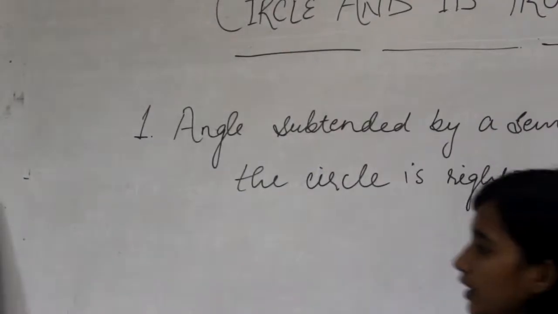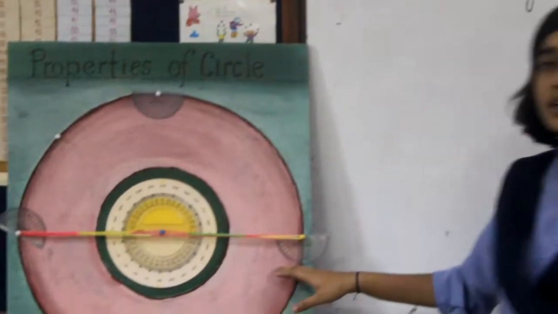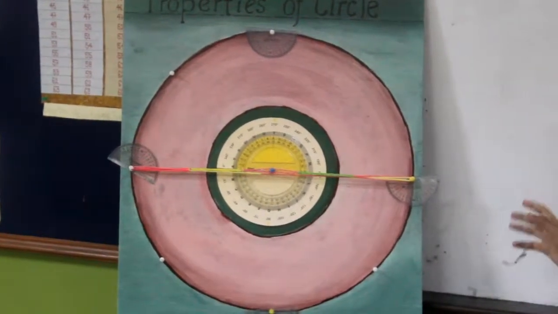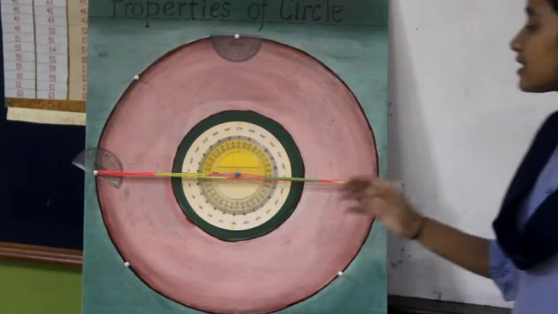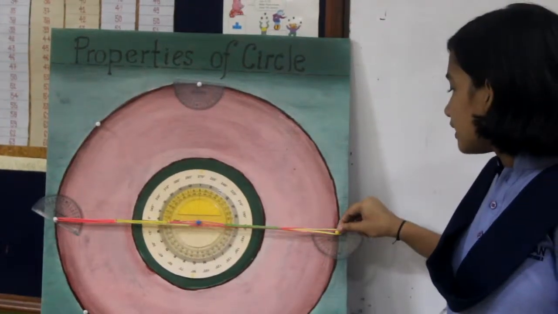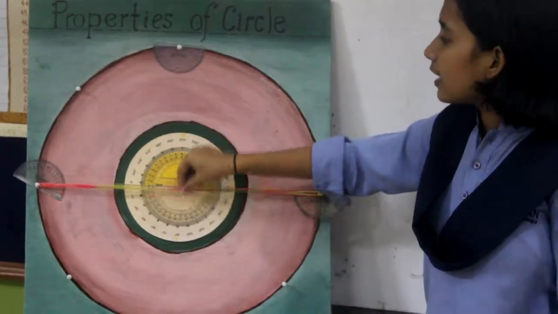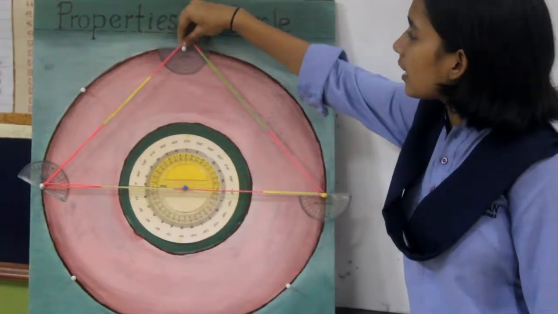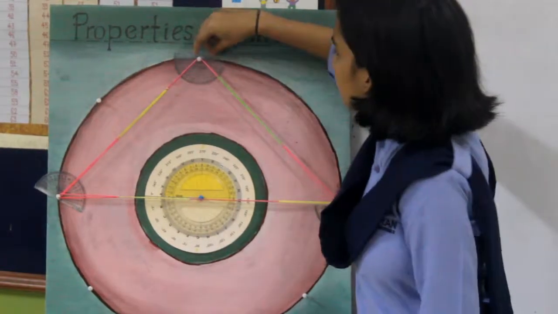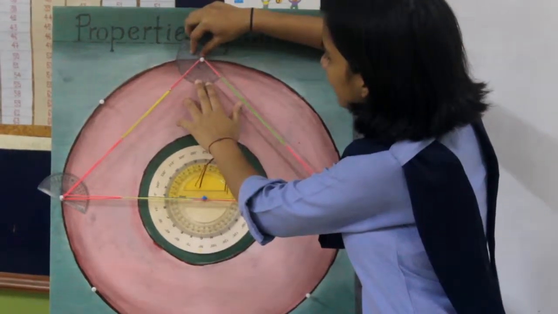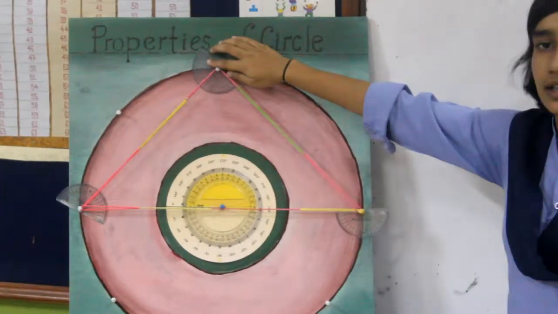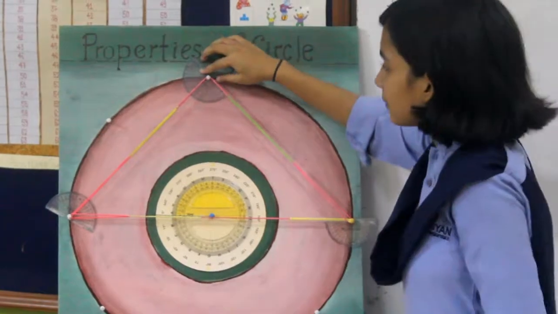So, here we see that this is the diameter of the circle. The diameter is said to be the largest chord present in a circle and it passes through the center of the circle. So, here we see that this diameter subtends an angle on a point of the circle, and if we measure this angle, we get approximately 90 degrees, or we can say a right angle.